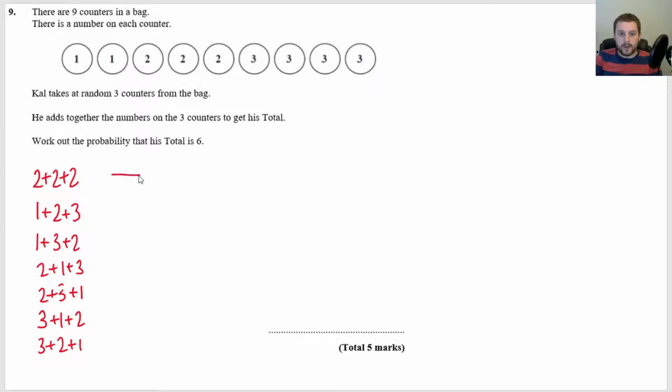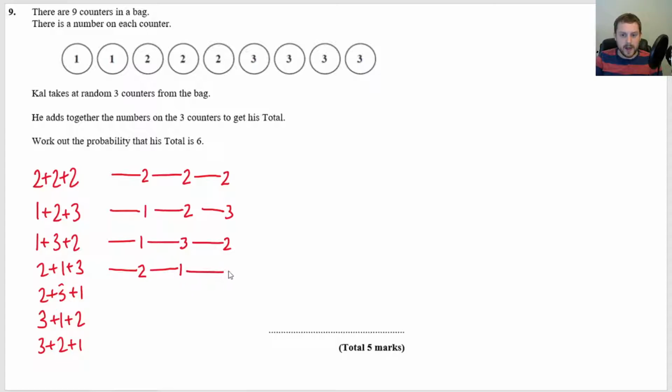We've got the first one being a 2, the second one being a 2, and the last one being a 2. We've got the first one being a 1, the second one being a 2, and the last one being a 3. So all I'm doing is drawing the pathways in the probability tree that I actually care about for answering this question, instead of drawing the whole thing, because that would be absolutely crazy to try to draw.